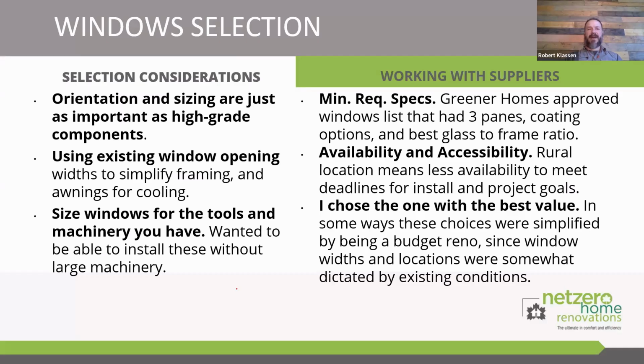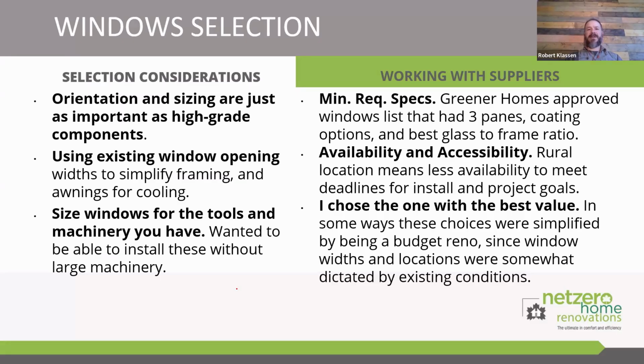In my case, because my glazing ratio is relatively modest, I wanted to max out my solar gain on the south side, but all the other windows have coatings on them to maximize the reflectivity.